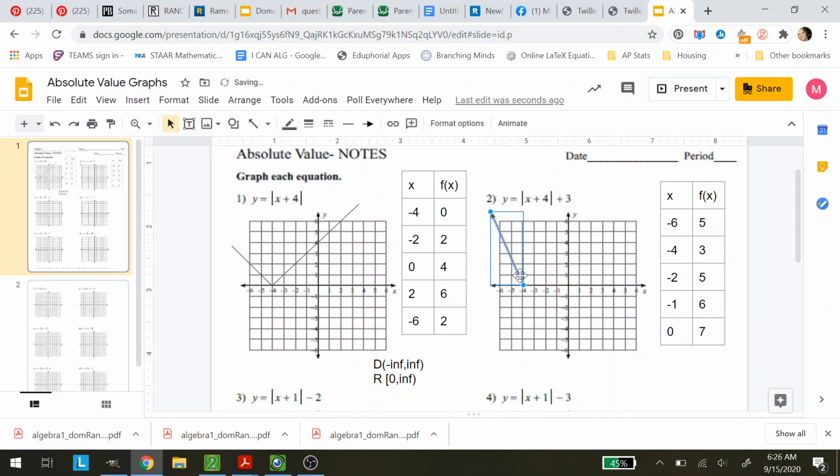I want the arrow to go away off the thing. So we're at 5, that's where I want that one. Then at -4 we need to be at 3. So I need to move this to 3. Then at -2 we're at 5. -2 we're at 5 again. So I need another arrow.